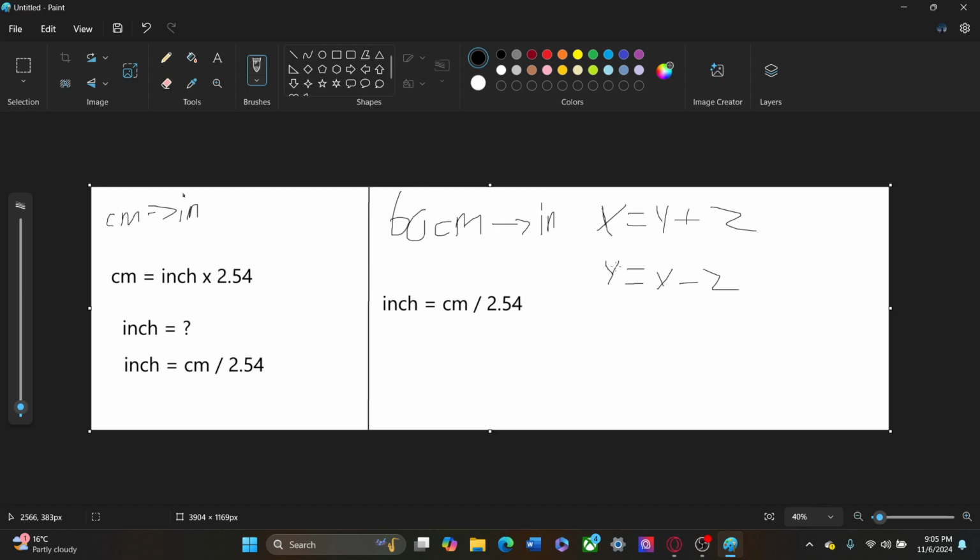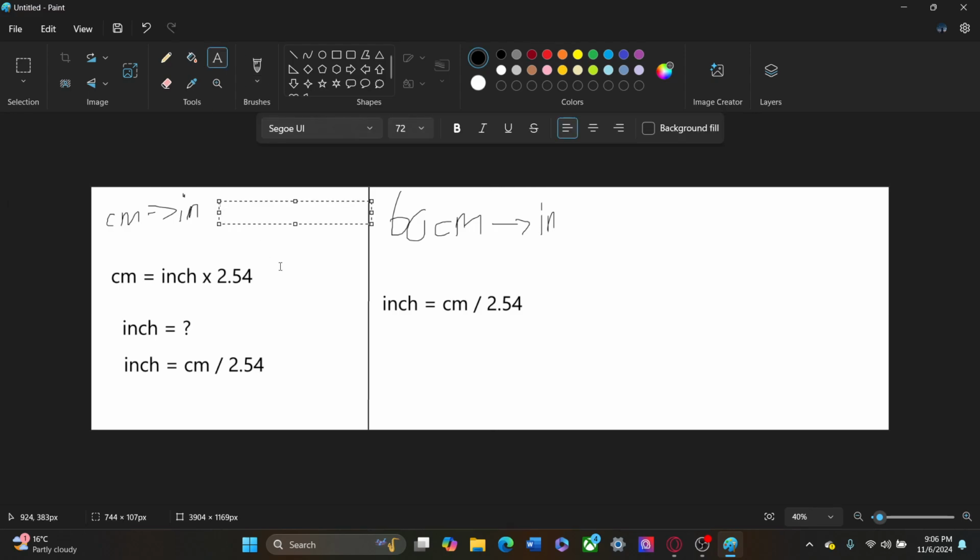So same thing goes. If you switch something, you have to switch what it does. So if you switch the centimeters to inches, you have to switch the multiplication to a division.